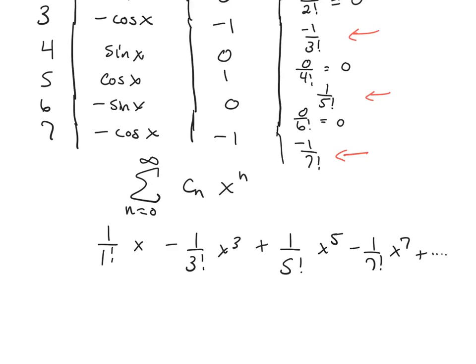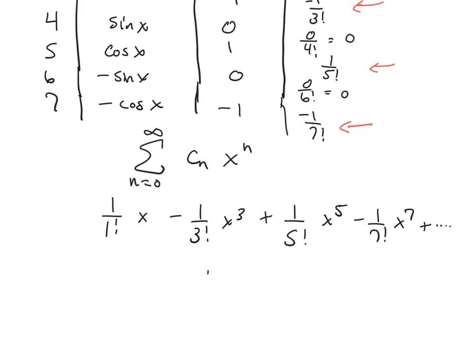First thing that stands out to me is that these signs are flipping, right? Positive, negative, positive, negative. It's an alternating series. So let's see. I'm going to write out my summation symbol.